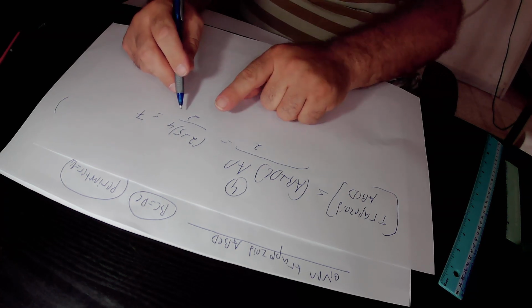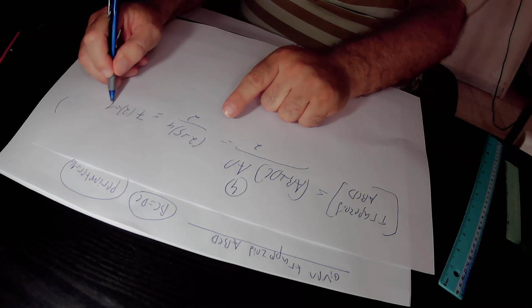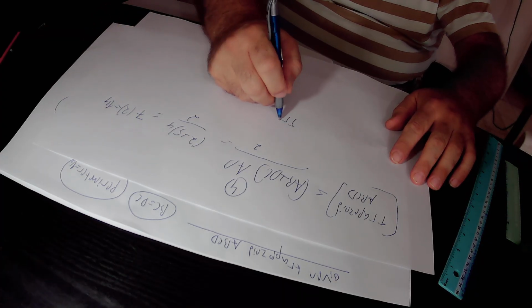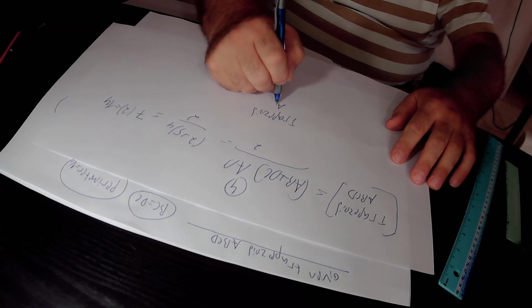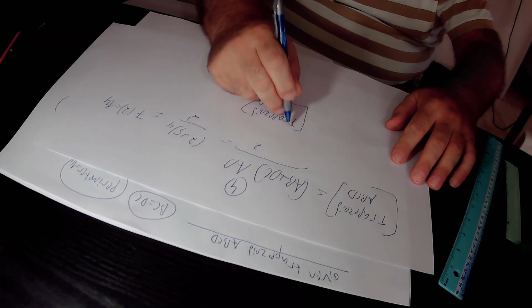So this expression equals 7 times 2, that is 14. So we found out that the area of trapezoid ABCD is equal to 14 square units.